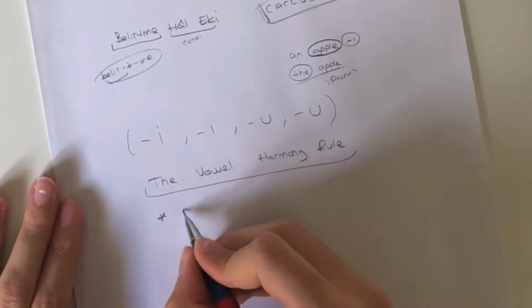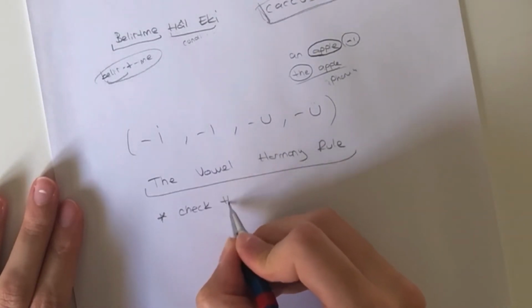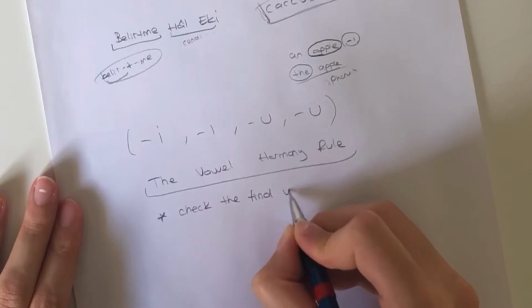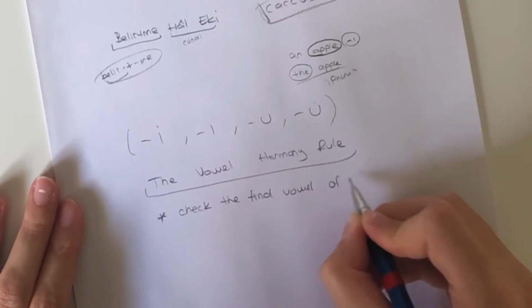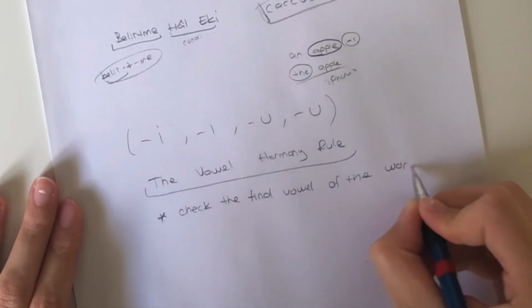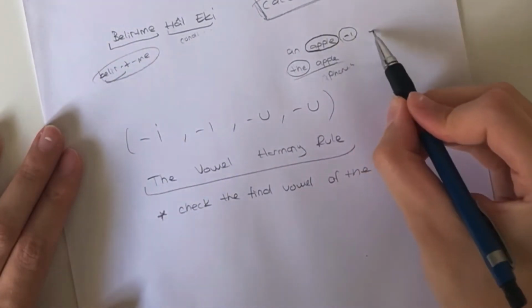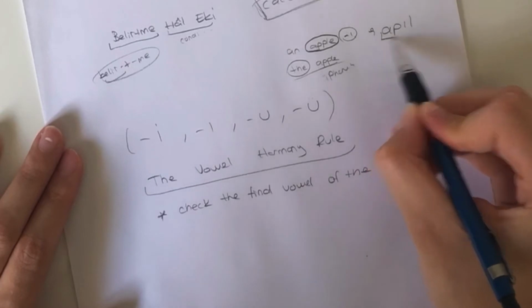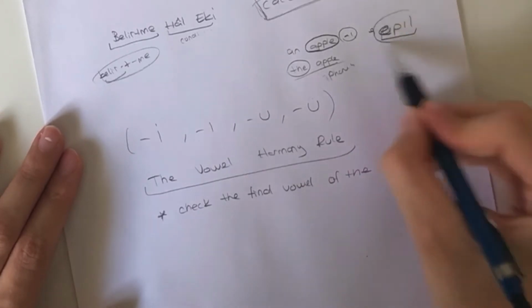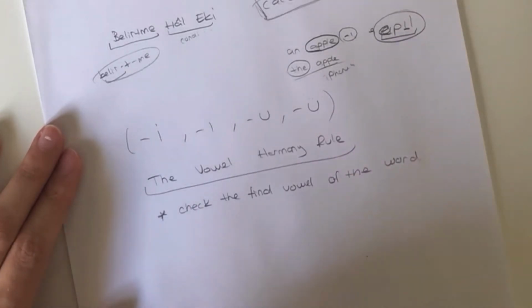It's check the final vowel of the word. Alright, let's do apple. How do we pronounce it in Turkish? It's basically like apple. So we check the final vowel, it's U.